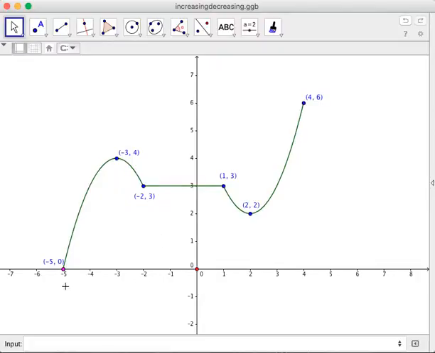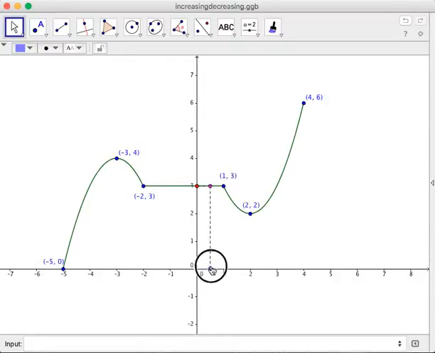So here, the function is increasing from negative 5 to negative 3, because as we go to the right, the function goes up. The graph of the function goes up, and then here we have decreasing because as we go to the right, the graph of the function goes down.